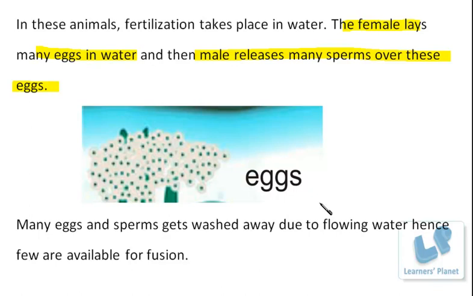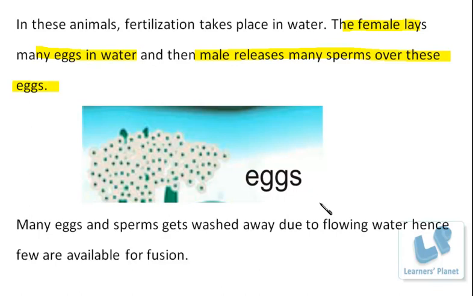They are embedded, or enclosed, inside a jelly matrix so that they remain captured here. Sidewise, they are also getting fused with the sperms. And thus in this region the growth will take place, and further these small larvae, or tadpoles, are going to develop from these growing, fertilized eggs, and the process of reproduction will continue.